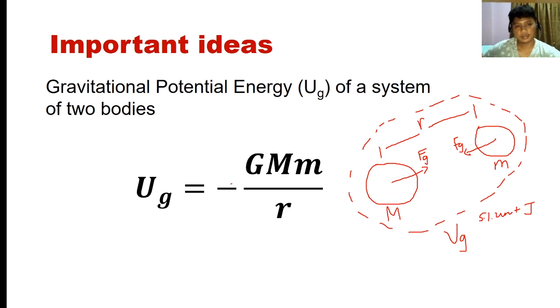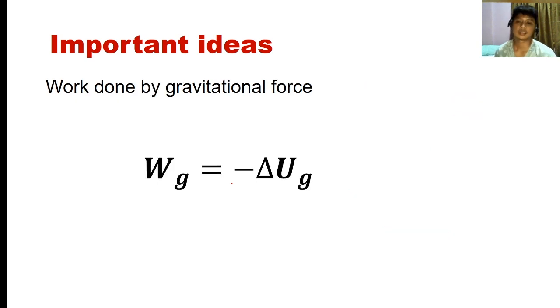And I'm going to try to convince you of the reason why this is negative. Then this is another important idea, that when gravity works, the property will change, but the change is negative. So there is a negative change. We all know, I'm going to draw that object again, the mass and the other mass.